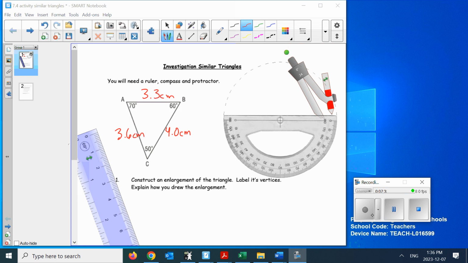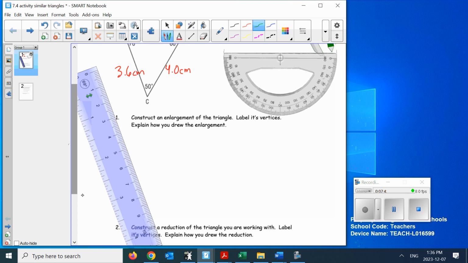We're just saying this. So, enlarge. This is our explanation of how we drew the enlargement. That's our scale factor. That means everything's multiplied by 1.7.